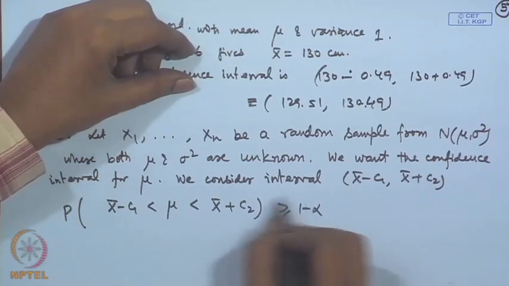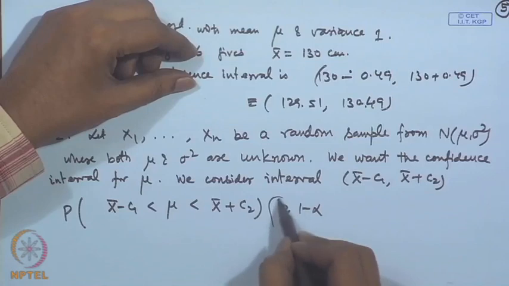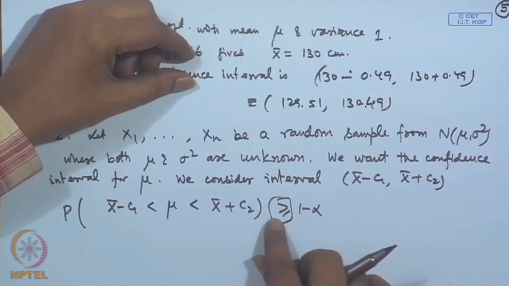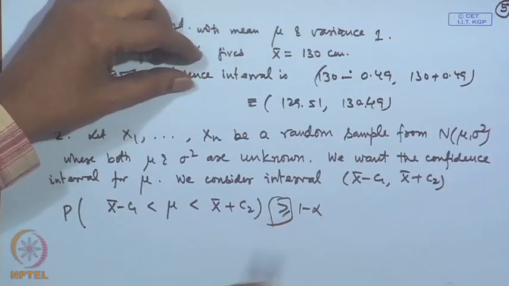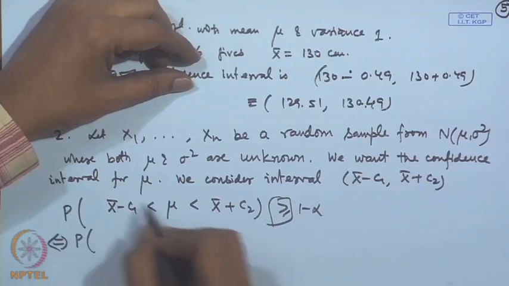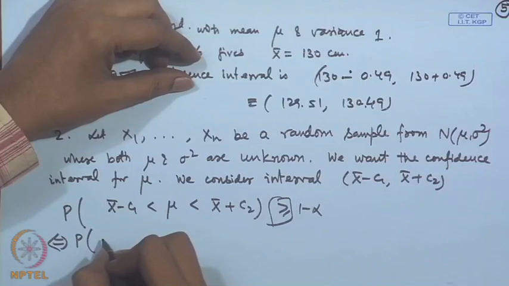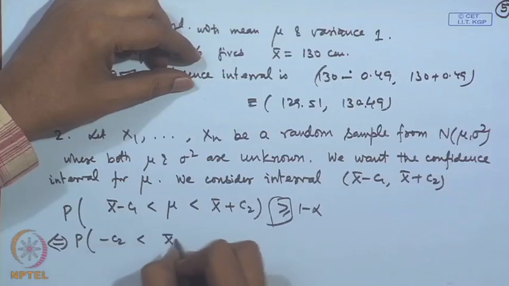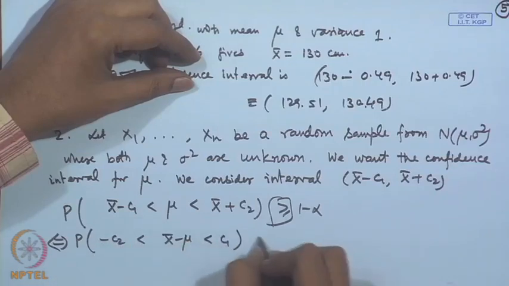And of course, since we will be dealing with continuous distributions, I will find the solution corresponding to equal to 1 minus alpha. So, probability of, now this statement you can modify, minus C 2 less than x bar minus mu less than C 1 is greater than or equal to 1 minus alpha.